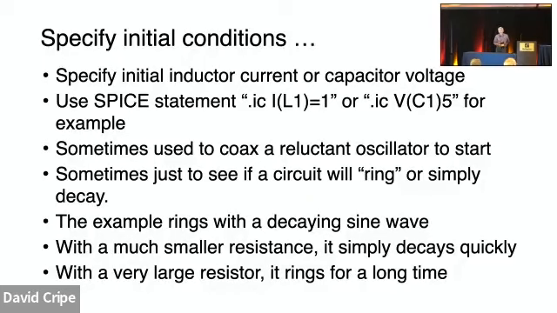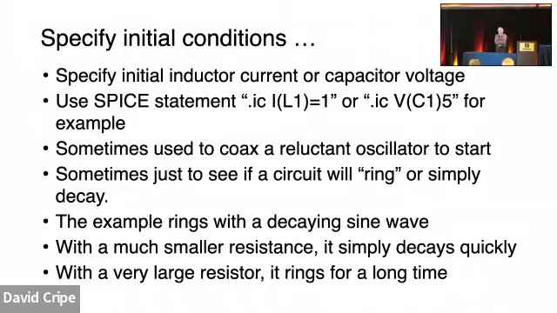Another cool thing you can do in LTspice is specify initial conditions. You can specify the initial current in an inductor or the initial voltage on a capacitor. This can be in a circuit with other sources, or it can be in what they call a source-free circuit. So use the SPICE statement again, .IC for initial condition, and then in parentheses I(L1) equals 1, which tells it 1 amp in this inductor, or .IC V(C1) equals 5 volts on that capacitor.